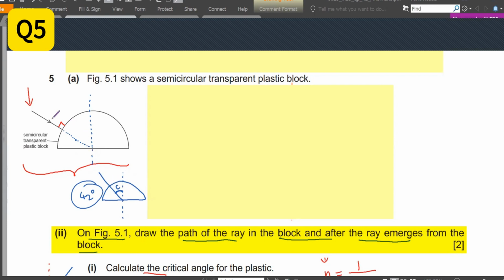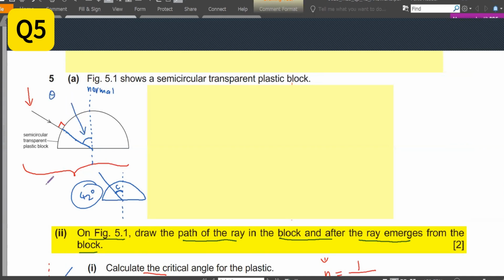First, we need to continue the ray, and then draw the normal, and then check this angle. We want to check whether the incident angle is more than 42 degrees or not. If it is more than 42 degrees, we will have total internal reflection. So we have three possible answers here. So we need to check this angle here.